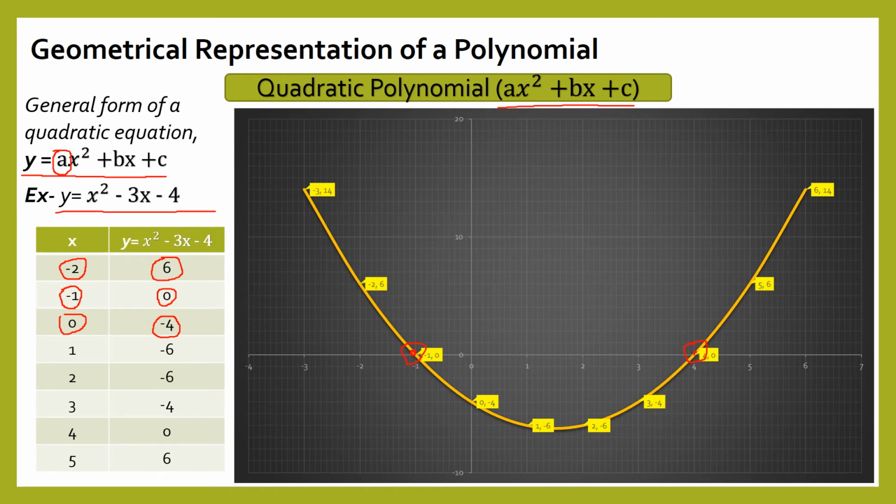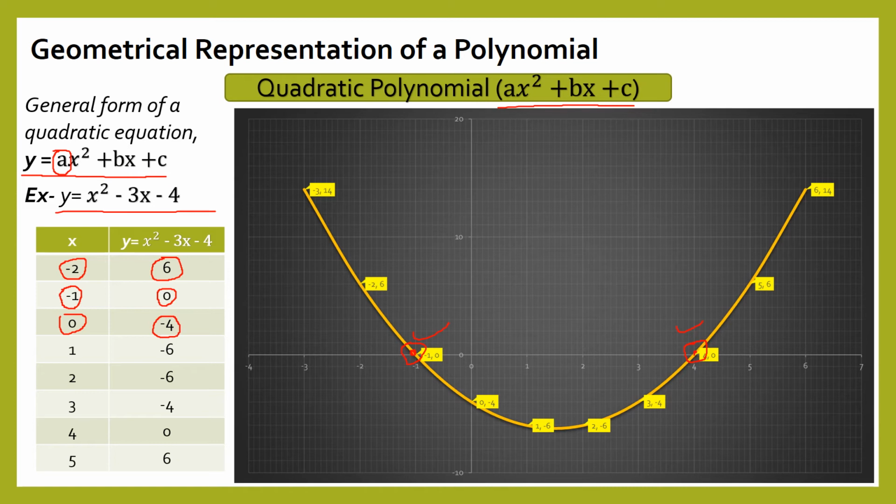These 2 points are very special because these are the zeros of the quadratic polynomial. So -1 and 4 are the 2 zeros of the quadratic polynomial.